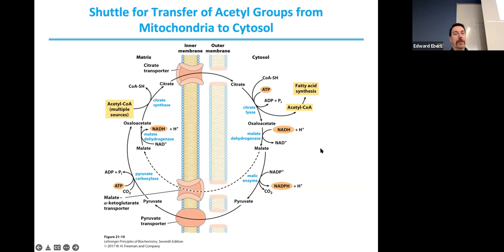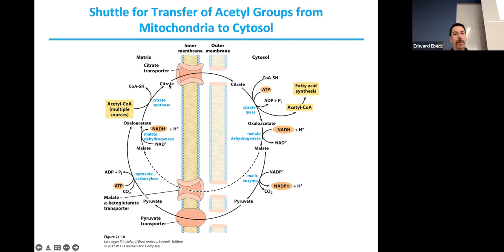So what do you need to know from this? I'm not going to make you memorize this little cycle, but I do want you to know that this shuttle exists, that there needs to be a way to get acetyl-CoA from the mitochondrial matrix, where it's made, into the cytosol where it can be used for synthesis. We could even say fatty acid oxidation leads to acetyl-CoA, but that's just one of the multiple ways we get acetyl-CoA.